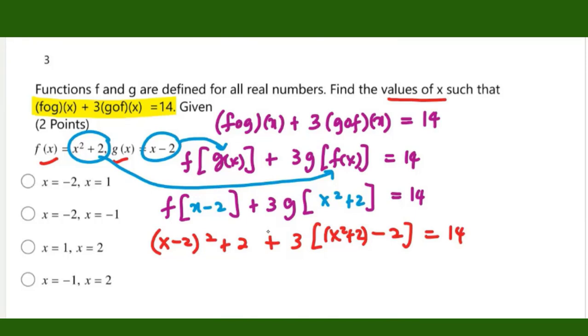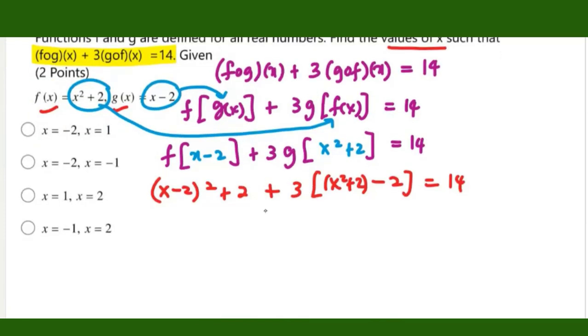Now let us simplify all of the above. Minus 2 squared, bring over the 2 to the right hand side, plus, and then cancelling off the 2 and 2 here, so plus 3 of x squared equals 12.